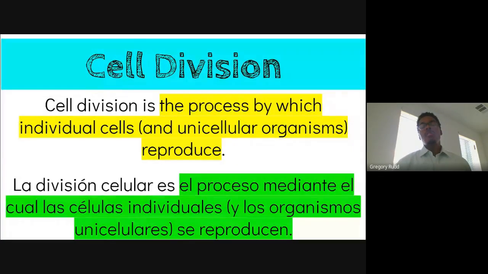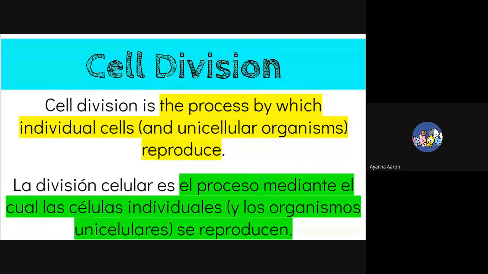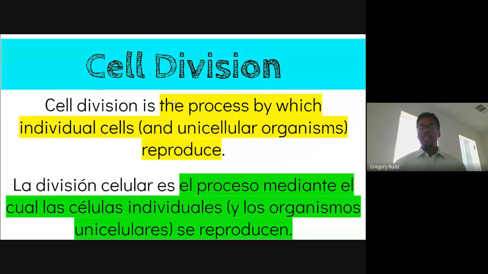So when we talk about cellular reproduction, essentially what we're talking about is cell division. When we talk about cells reproducing, a synonym of that is cell division.